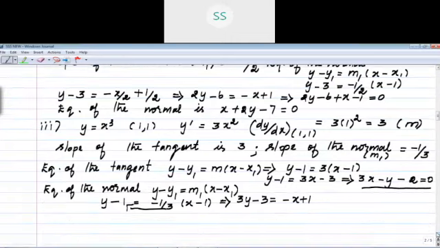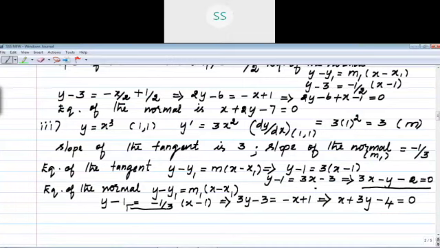Now I'm going to simplify. What is the simplification format for this? See here, x plus 3y, shift the plus 1 to the opposite side, it becomes minus 1, minus 3, so minus 4 equal to 0.